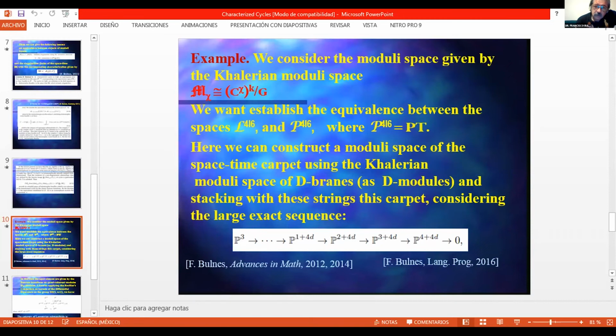Here we can construct a model space of the space-time carpet using the Kählerian model space of the branes as the models, and stacking with these strings, this carpet, consider the long exact sequence. These details you can find in these documents.